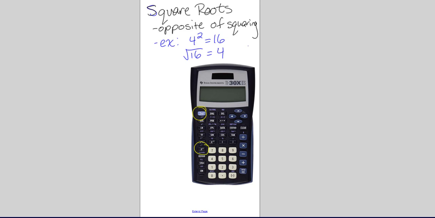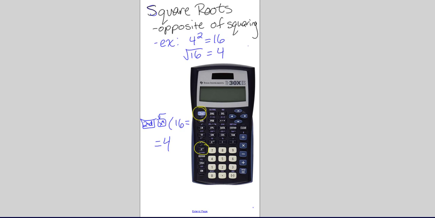To do the square root of 16, we would hit second, and then x squared, because right above that is the square root, and it starts a parenthesis. Then when we hit 16 and hit enter, it should show that our answer is 4. So that's how we use the square root button.